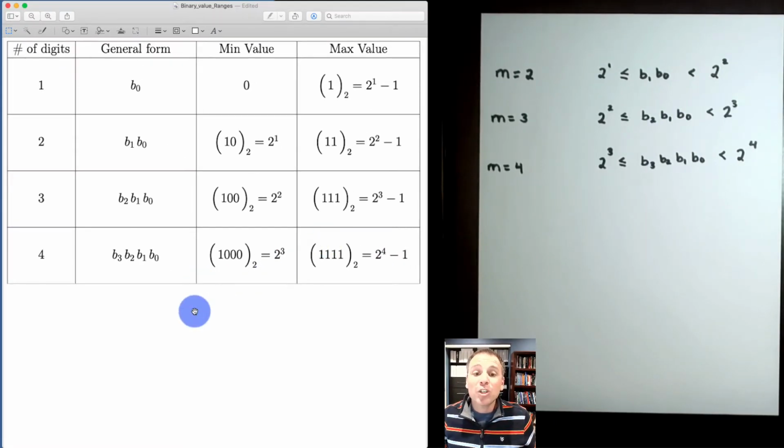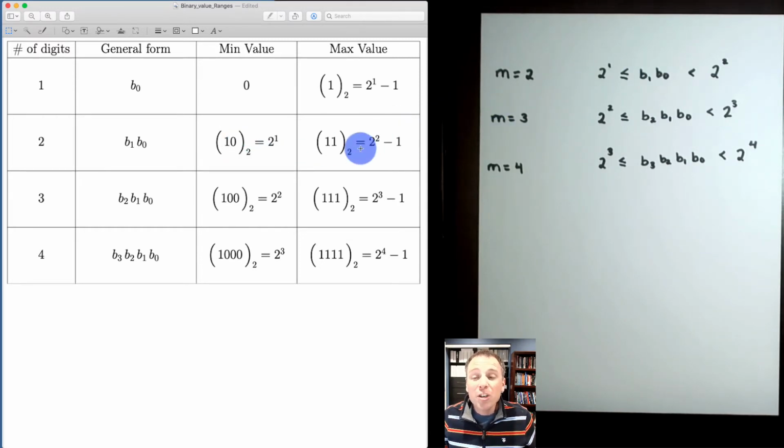Before we drop down to row 5 of this table and ask ourselves what numbers can be stored using 5 bits, let's go back and look at the last few rows. So we said when m is equal to 2, if we have a 2-bit binary number, the smallest number that we can represent with 2 bits non-trivially is 2 to the 1. In other words, 10 base 2.